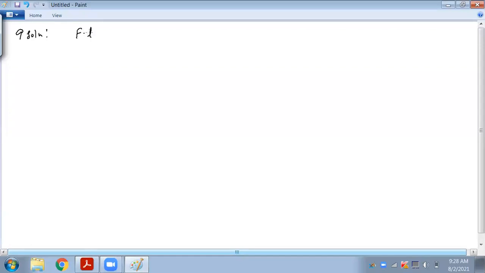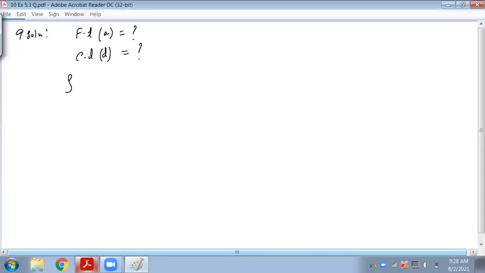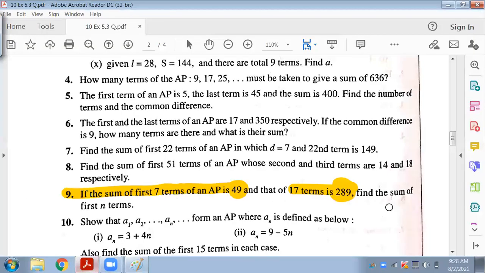Here the first term A we don't know, and the common difference D we don't know. But what do we know? We know the sum of 7 terms of an AP is 49, so we can take S7 equal to 49.